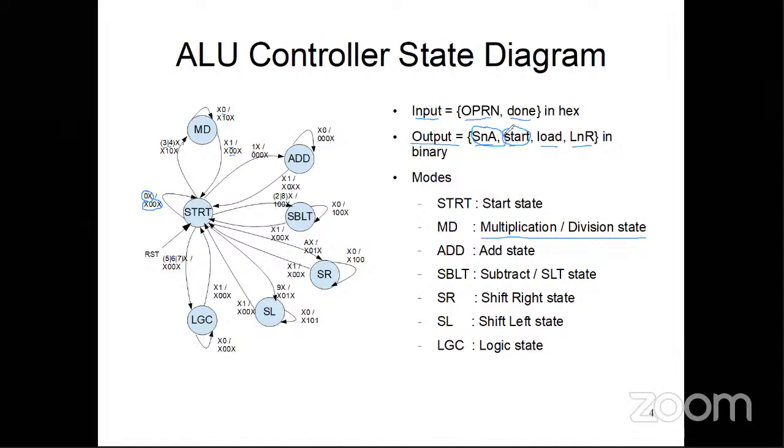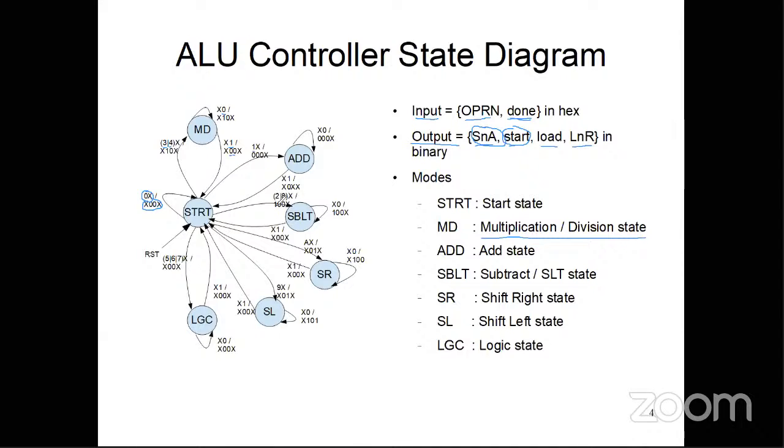So the sequential designs stay put with start 0, load 0, and LNR I don't care about at that point, so it can be any logic value. So it goes into the add state and waits there till the adder gives me a done signal. When it is done, then it comes back and keeps the start signal at 0. Other control signals don't matter at that point anyway.